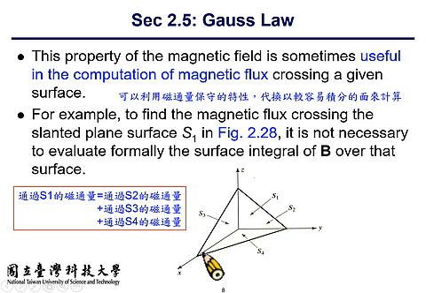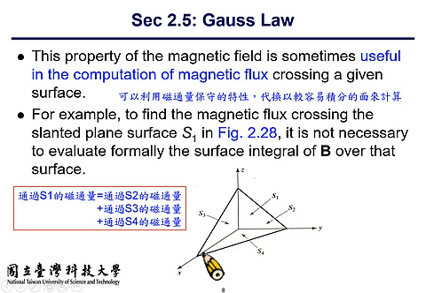We know that S2, S3 and S4 are surfaces that are different from S1. However, if you combine S2, S3, and S4 together, their boundary, their contour, is the same as S1. Then the magnetic flux passing through S1 must equal the magnetic flux passing through S2, S3, and S4.